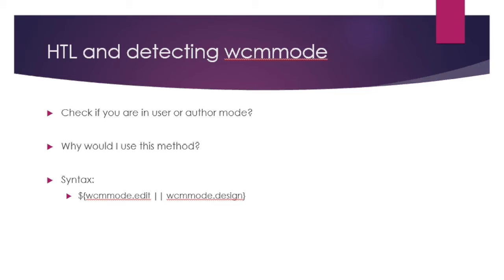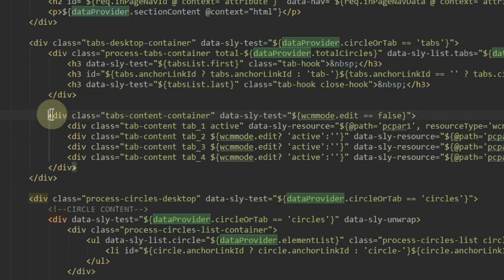That allows you to detect if you're in author mode or a normal visitor to the site. The syntax for that is just ${wcmmode.edit} or wcmmode.design. Here's an example of why you will want to use WCM mode in Sightly. Take a look at this file really quick, and you can see right here, wcmmode.edit equals false.